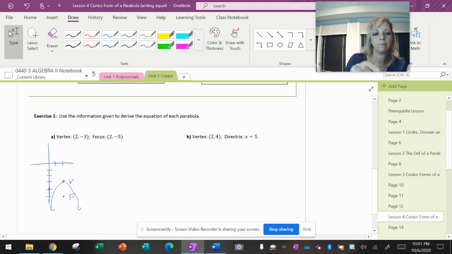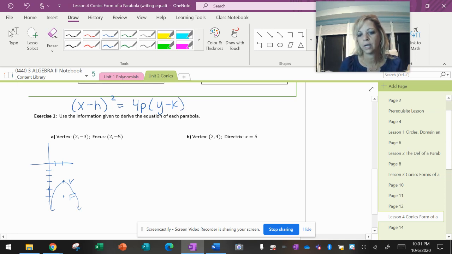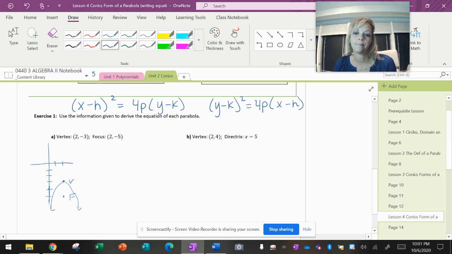Opening up or opening down, that's going to be an x squared. In fact, let me go back, because I was actually thinking of doing this before. Remember, these are the two formulas that you have to have in your noggin, where h and k is the vertex. It's either going to be an x minus h squared, or a y minus k squared. If it's a y minus k squared, then that opens left or right.